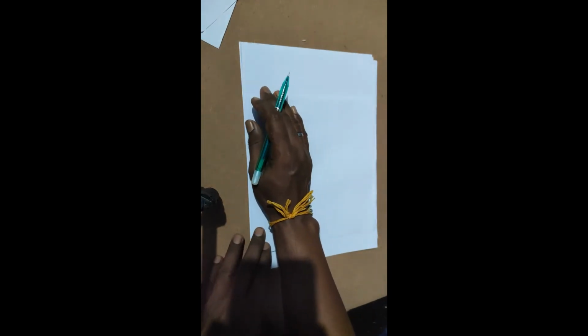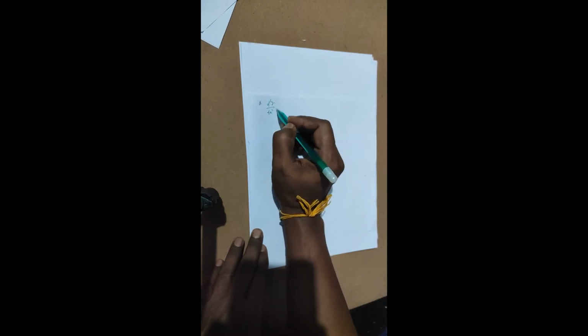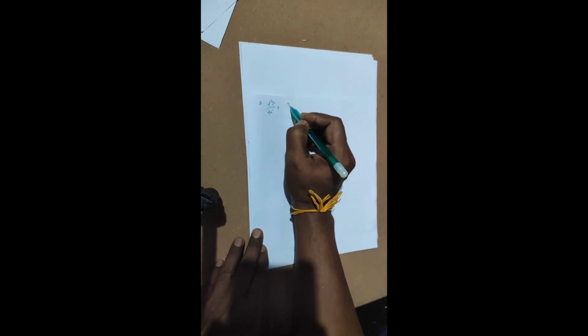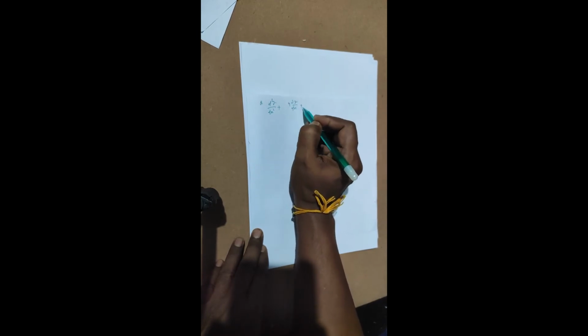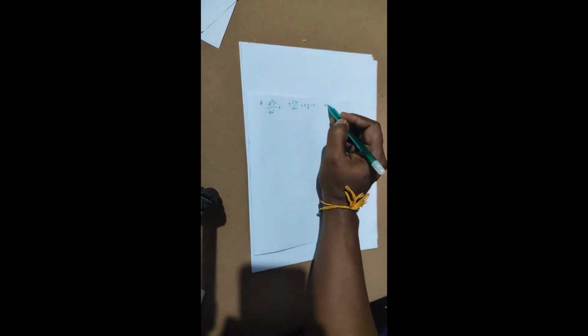The complementary function has another problem we have to solve. So this is another question: d square y by dx square plus 4 dy by dx plus 5y is equal to 0. Find the complementary function.